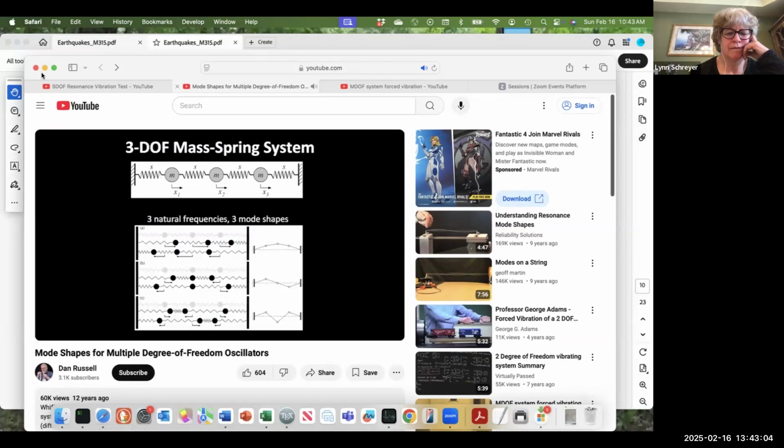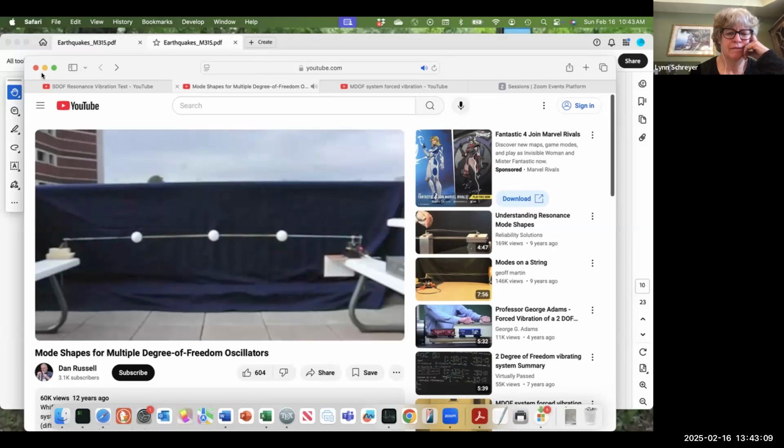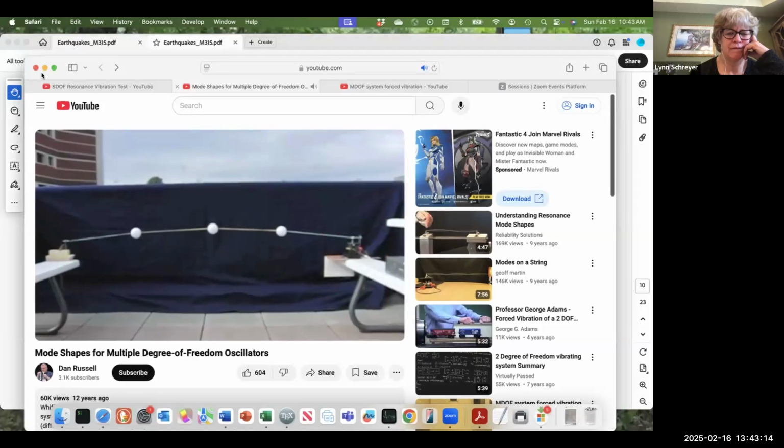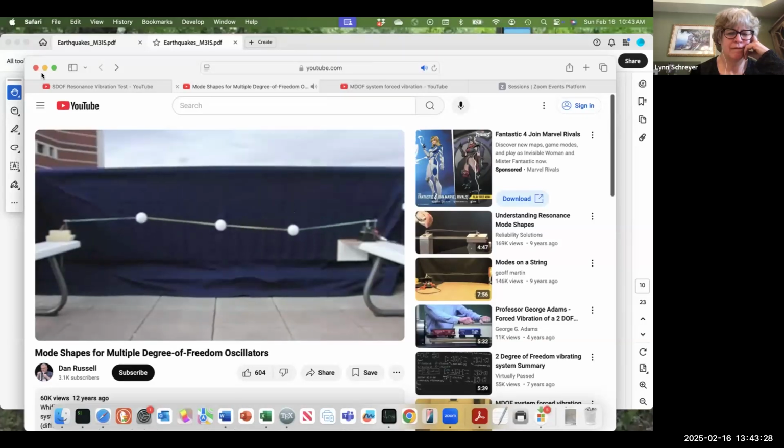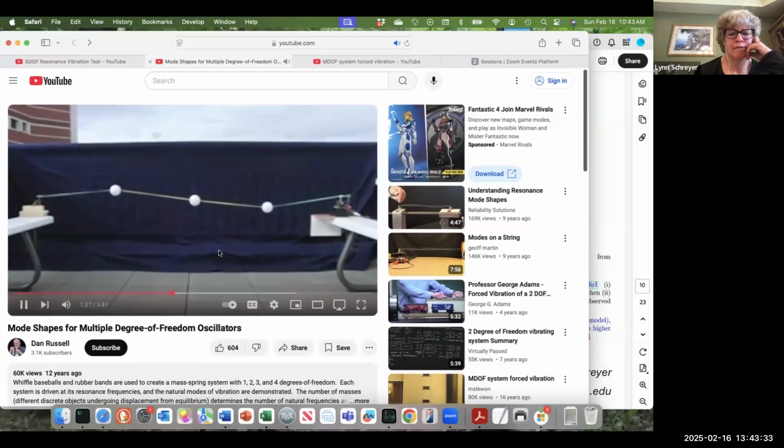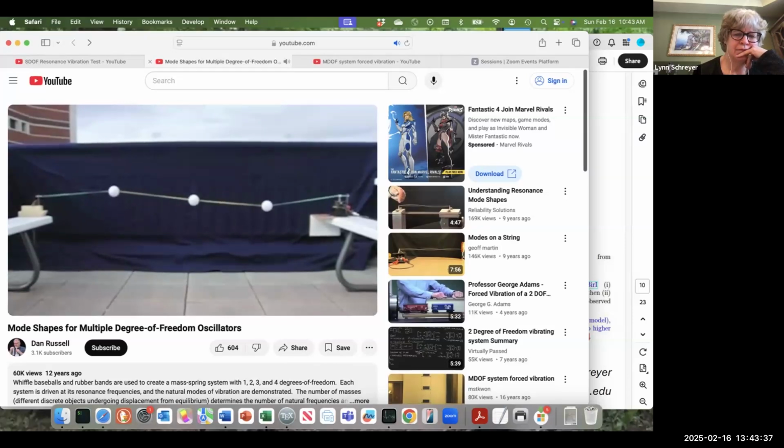A 3 degree of freedom mass spring system has 3 natural frequencies and 3 mode shapes. In the first mode shape, all 3 masses move in the same direction at the same time, with the center mass moving slightly farther than the outer 2. In the second natural mode, the center mass is stationary at a node point, while the 2 outside masses move with opposite phase in opposite directions.